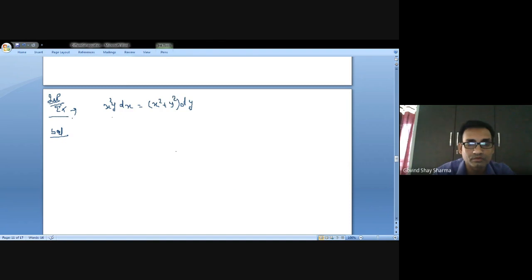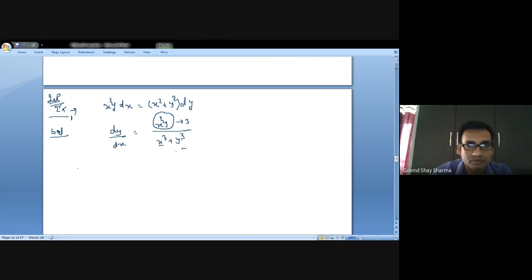So here we can write it like this: dy upon dx is equal to x square plus y square upon x square y. Now each term has the same order. Here order 3, here order 3, here 3.